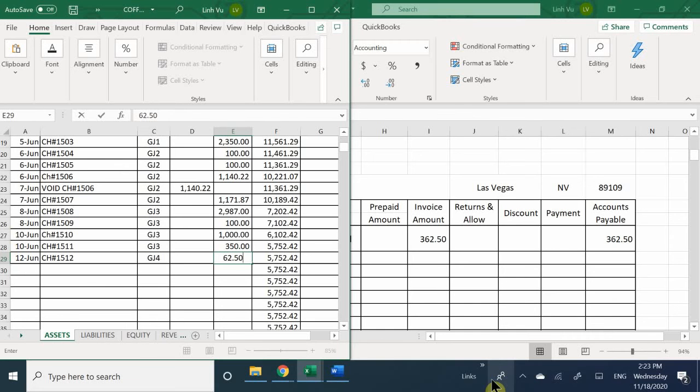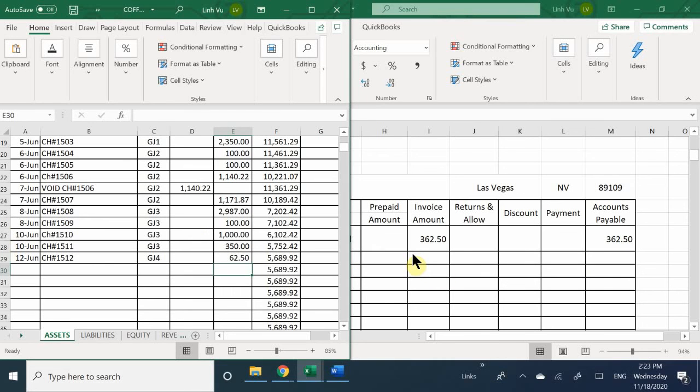So I should have a new ending balance of 5689.92. Right. Now let's just finish up our subsidiary ledger, and then we can update our inventory.